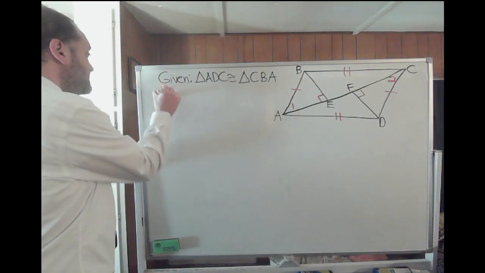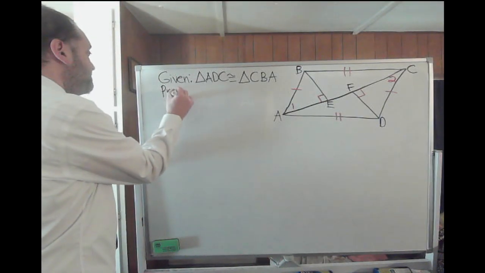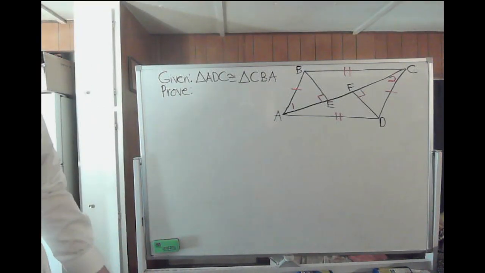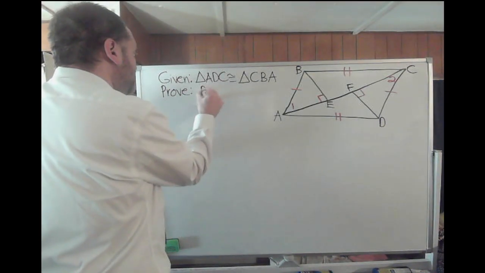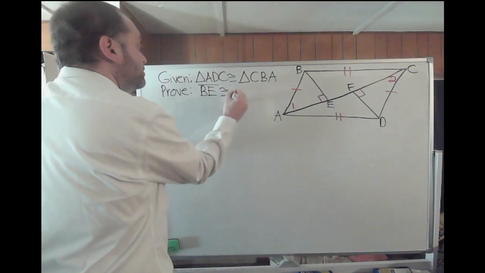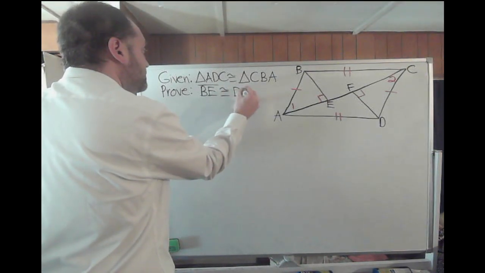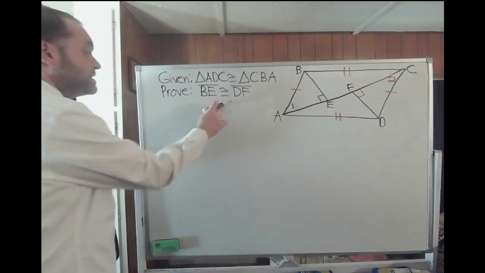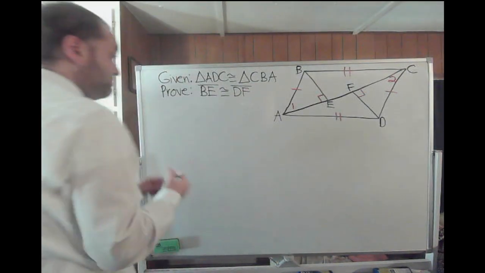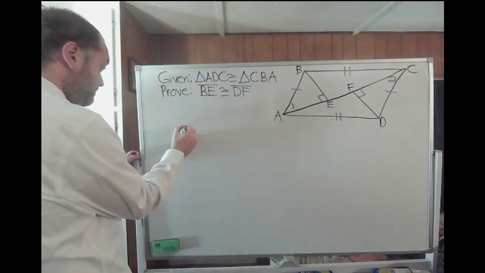But what are we seeking to prove here? The proof is going to be that BE is congruent to DF. We have to prove that. So I'll go ahead and set up our columns again here.